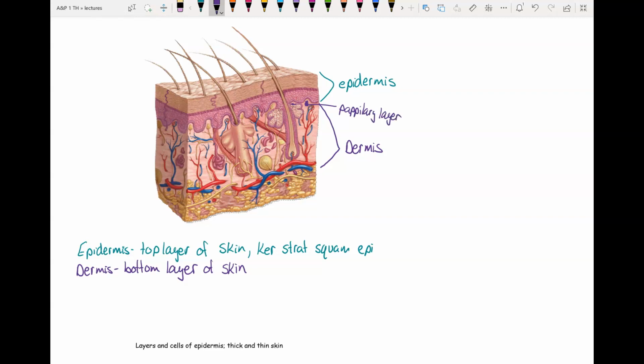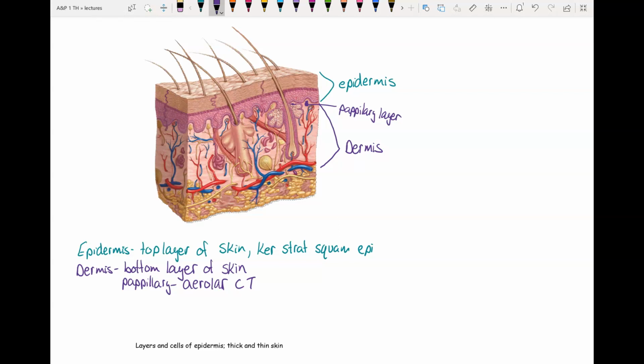So the dermis is split into two layers. It has a papillary layer, which is made of areolar connective tissue. And areolar connective tissue binds things together. So it's there holding your epidermis to your dermis. Kind of think of it like glue.